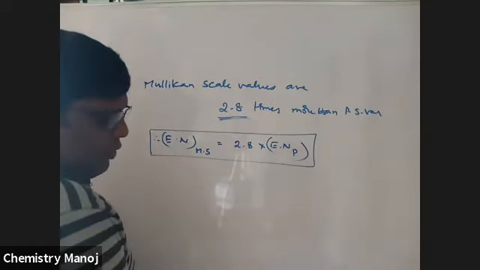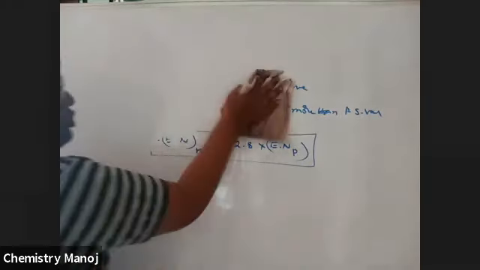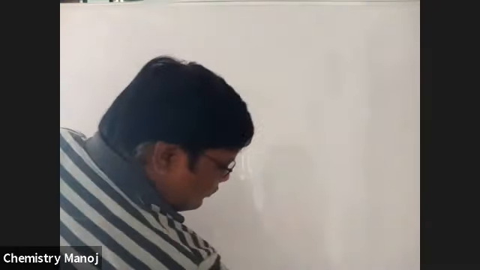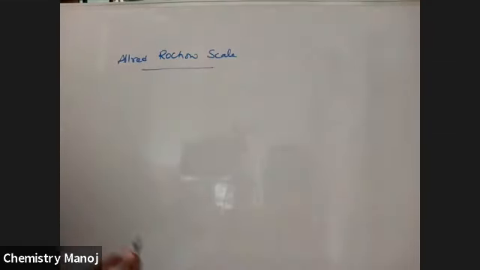Later I am going to explain the Allred-Rochow scale. What is this Allred-Rochow scale? It is the third scale to calculate electronegativity values.